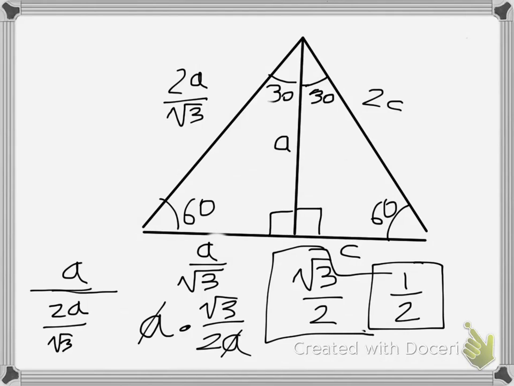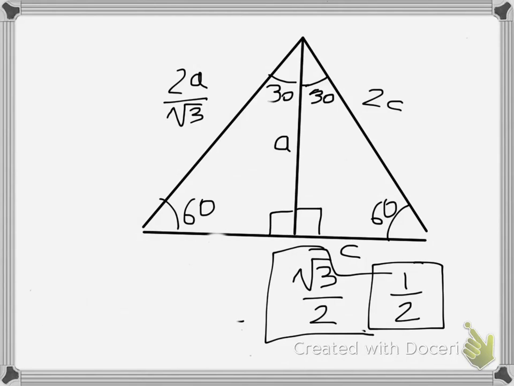And now we have one more, which is tangent. It's going to be opposite, which is a over the square root of 3, divided by adjacent, which is a.